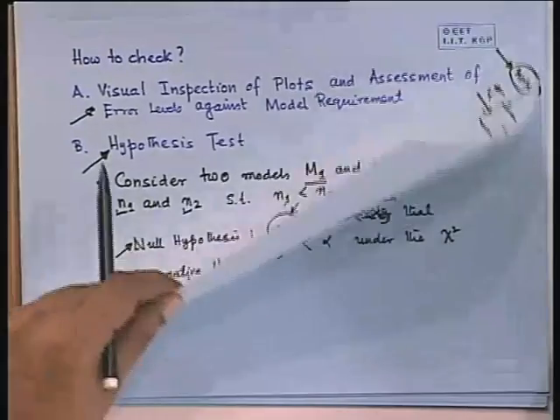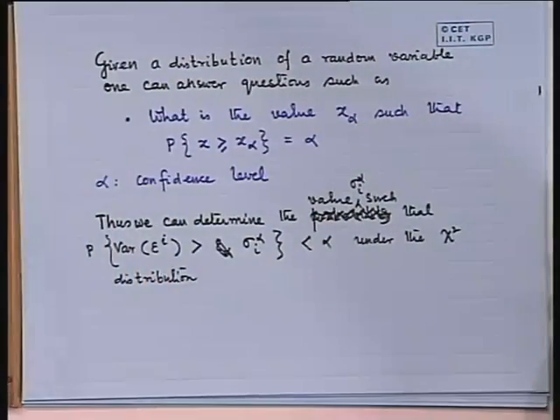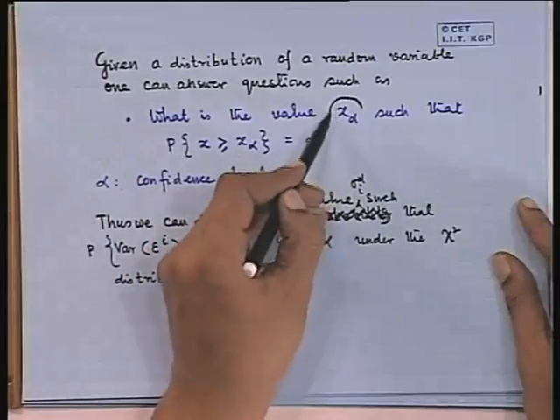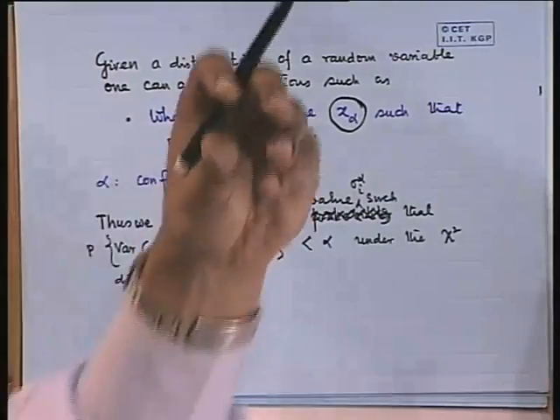Now, if you accept that the prediction error variance random variable is going to be a chi-square distributed variable, then you can ask, you have got a value of variance, right? What is the probability that it has actually come from a chi-square distribution of a given type?